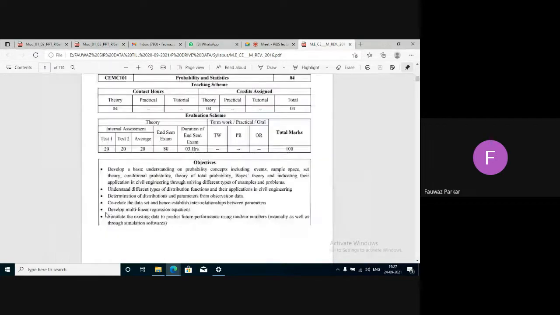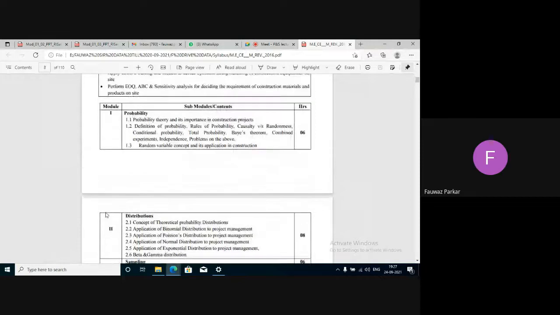So if you see the syllabus, basically in Module number 1 the theoretical aspects are there more in this module number 1. So we will be taking this module in PPTs only mostly.